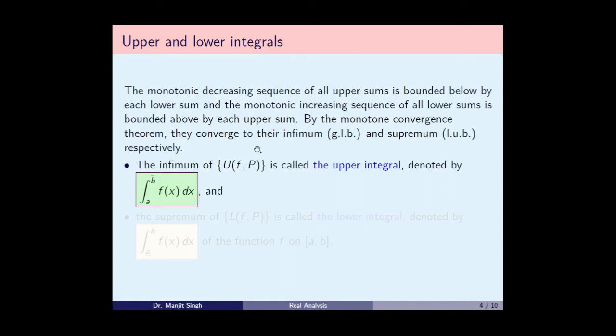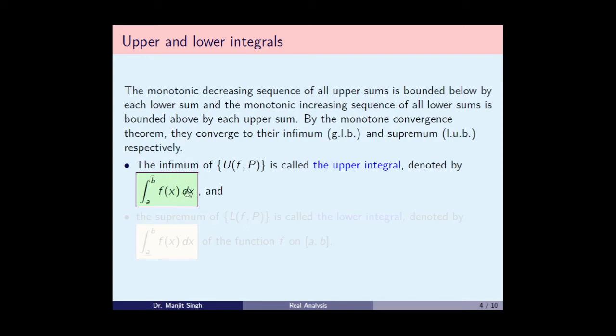So corresponding to this collection of upper sums and lower sums, there exists a real number which is the infimum and supremum. The infimum of all upper sums is called the upper integral, and we denote it by this integral.